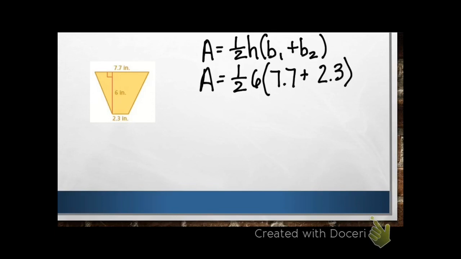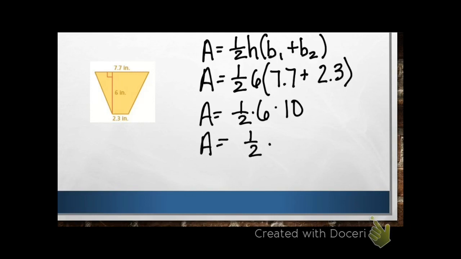And when I add my bases together, I get the total of 10.0, or I can drop the .0. And now I can say A equals 1/2 of 60. A equals 30. What's my measurement? Inches squared. How many of you got that?